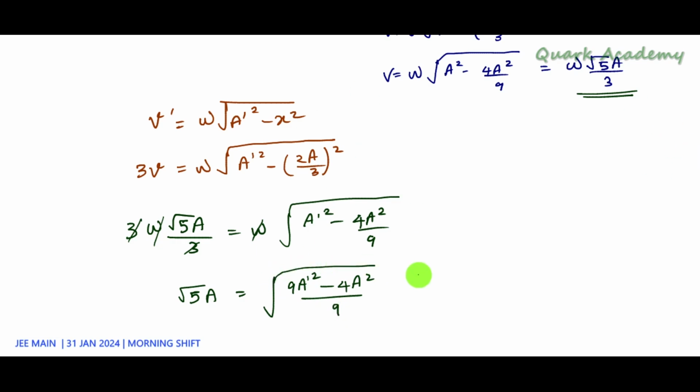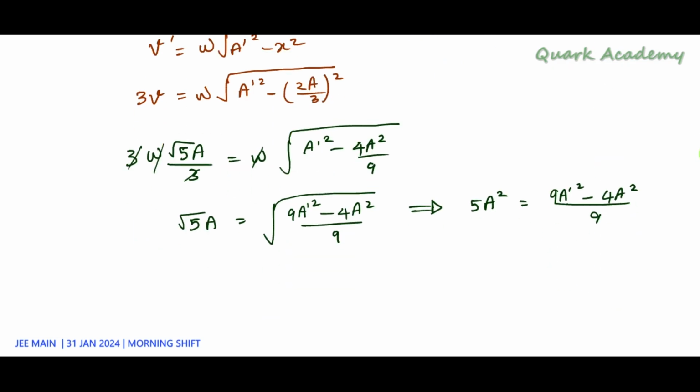Let's square both sides. We get 5A squared equal to 9A dash squared minus 4A squared by 9. So let's rearrange: 45 A squared equal to 9 A dash squared minus 4A squared. So 9 A dash squared equal to 49 A squared.